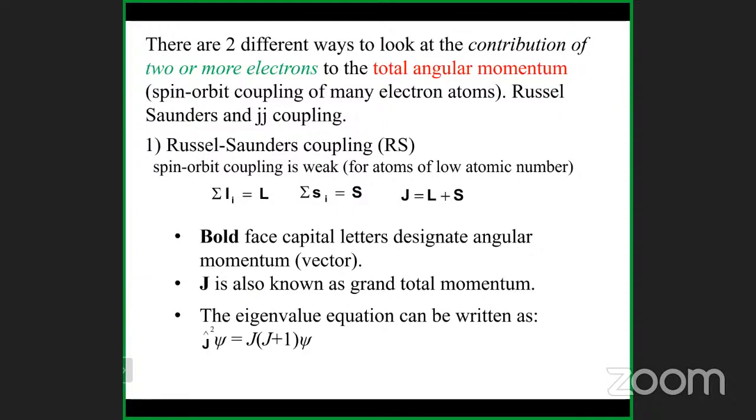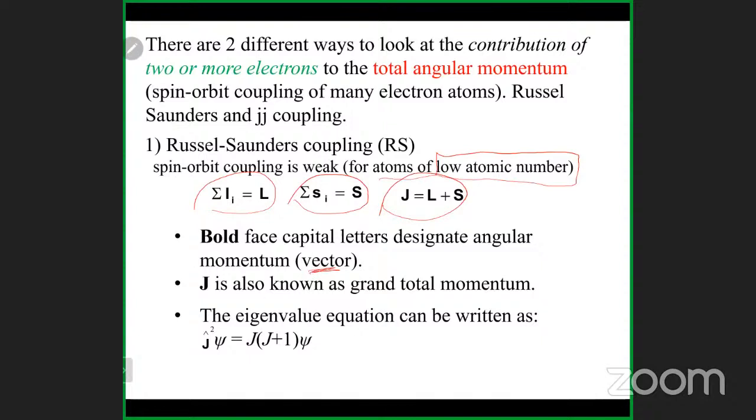Russell-Saunders coupling is usually for atoms of low atomic number. The way we do it is that we calculate the total L first, and then we calculate the total S, then we vectorially add L and S. Bold here because they are vectors, they are not simple L plus S.